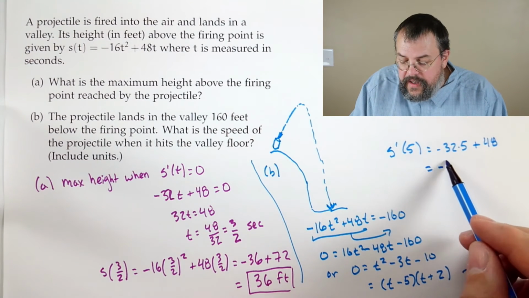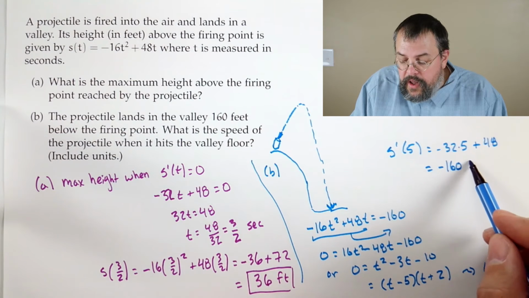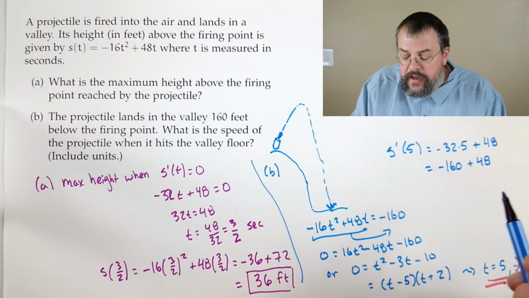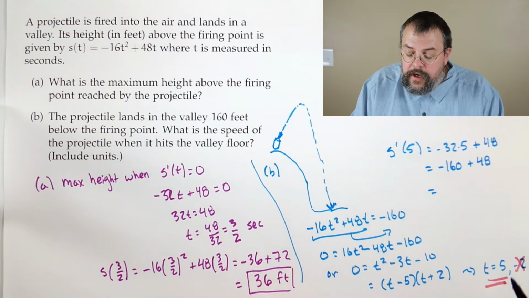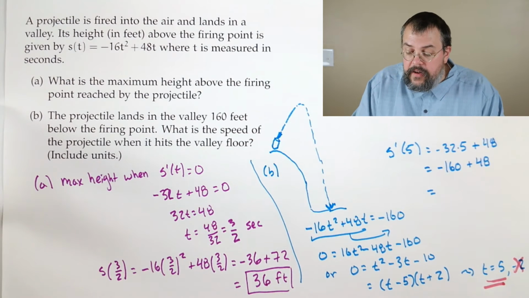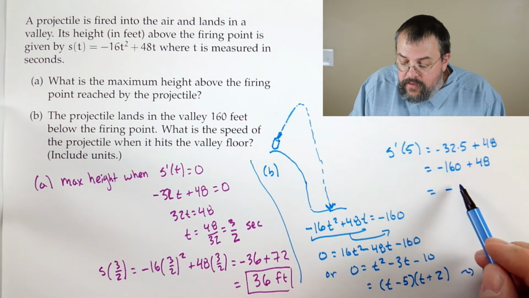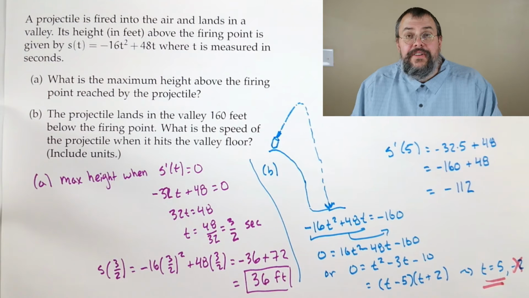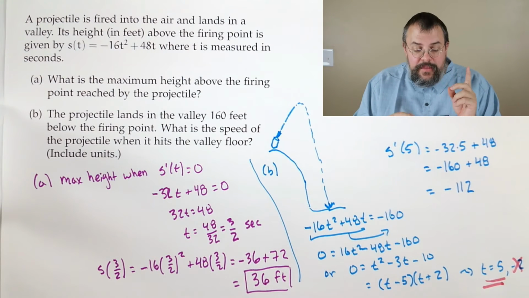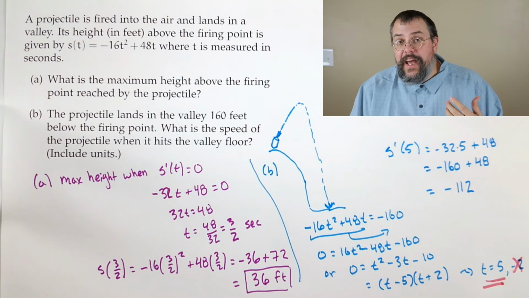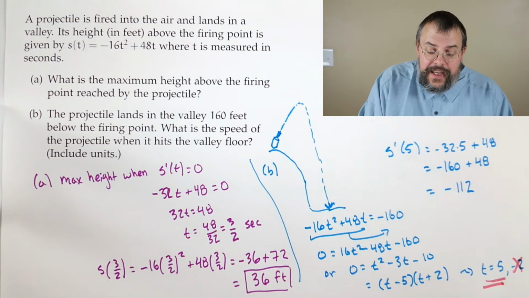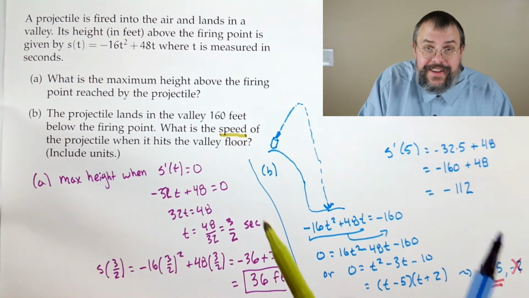So this is minus 160 plus 48. And if you put those together, minus 160 plus 48 would be minus 112. So that's the velocity.